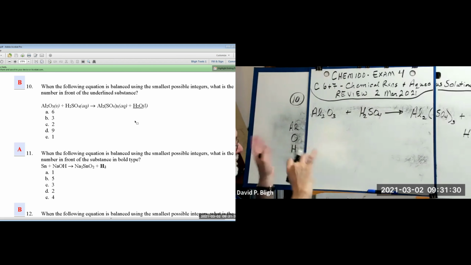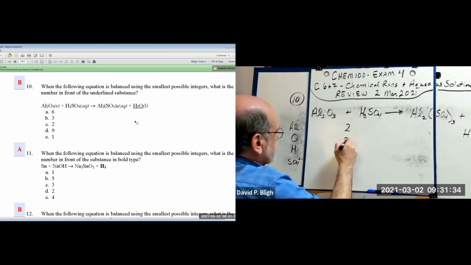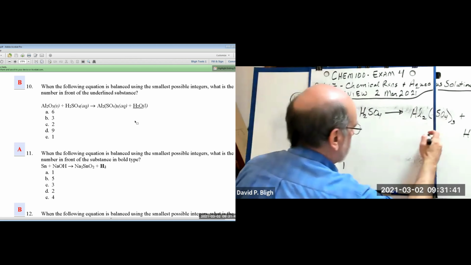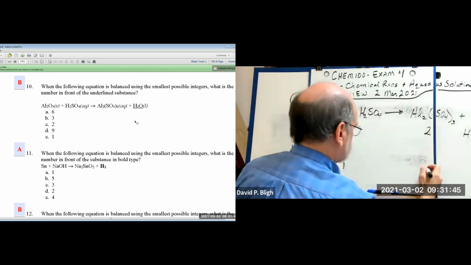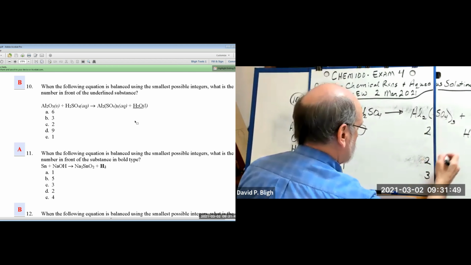Okay, so we set up our budget. We have 2 aluminums, 3 oxygens, 2 hydrogens, and 1 sulfate. And over here we have 2 aluminum, we have 3 sulfate, we have 2 hydrogens and 1 oxygen.